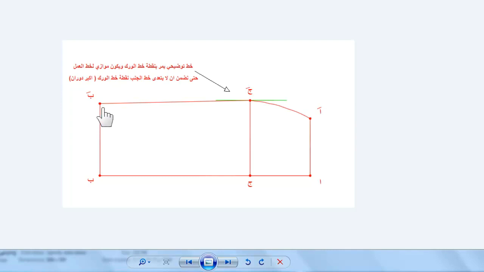Notice that this green line here is a demonstration line that goes through the hip line, and it is parallel to the lines A and G and B. The goal for this line is that when we draw the side of the skirt, it should not exceed the green line because the biggest circulation is on G.